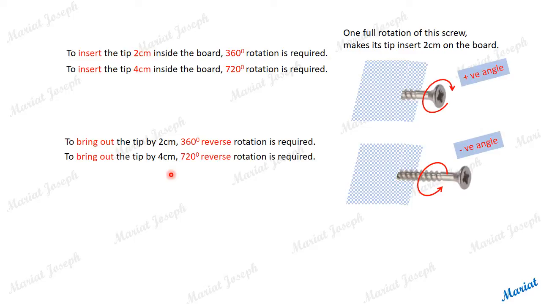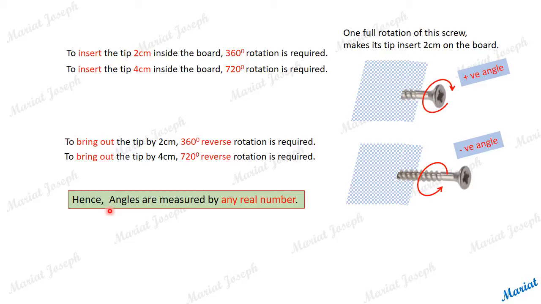That means angles can be measured in one direction as well as in the opposite direction. If we call one of them positive angle, the other one we will call negative angle. These positive and negative signs are comparative. We can take one of the directions as positive, then its reverse is considered negative in that example.